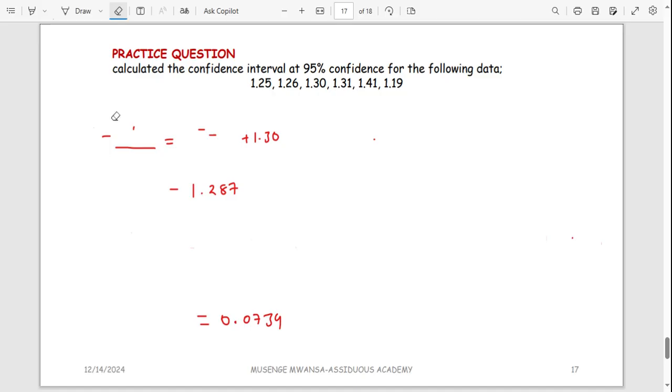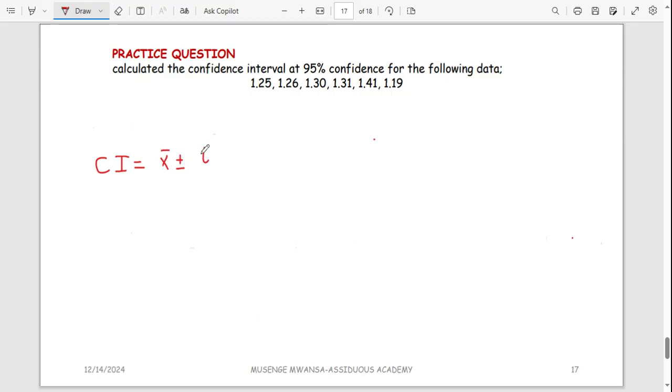So now that we have calculated the mean and the standard deviation, we can now go back to the formula. And remember the formula that we gave earlier? The confidence interval, or the confidence limit, is given by the mean plus or minus t times s divided by the square root of n.